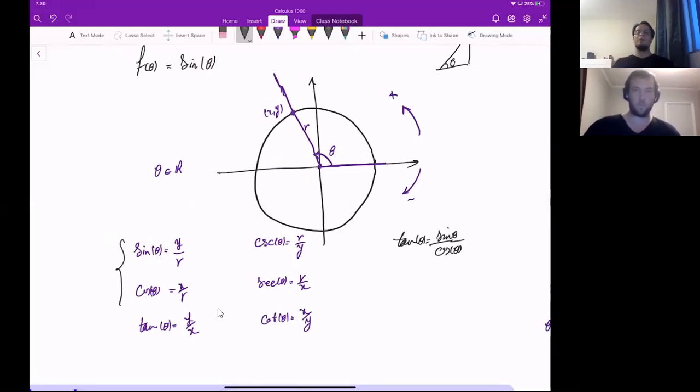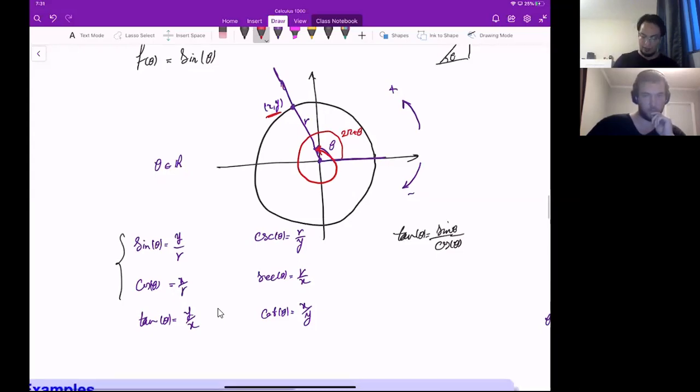And right away from here, you see that all trigonometric functions are going to be periodic, meaning that as you go around once and come back, the angle changes, but the point is the same. So if the original angle was theta, now the new angle is 2 pi plus theta, and x and y are the same.